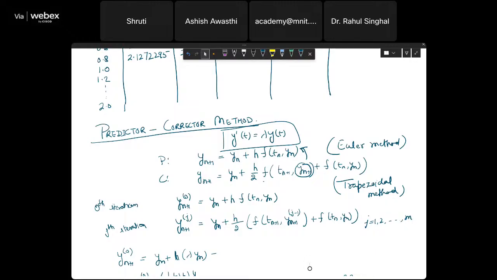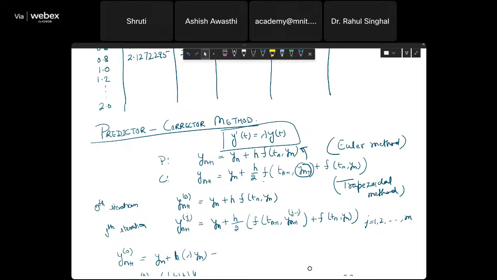For example, with multi-step methods we can use the Adams-Bashforth method of any order. Suppose third order, then the third order Adams-Bashforth method can be used as predictor, and the third order Adams-Moulton method as the corrector. Other things will remain the same.